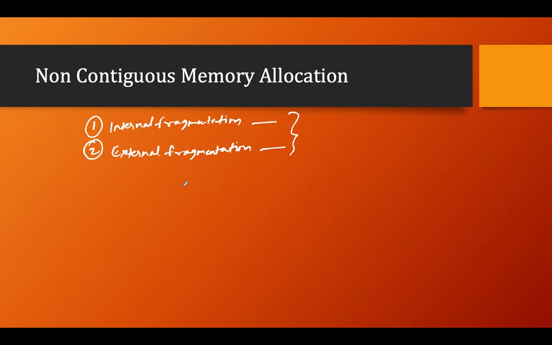So to solve this particular problem, we have defragmentation, or the concept of compaction. Compaction or defragmentation is the process in which we put together the free spaces, and in that way we'll have contiguous memory.